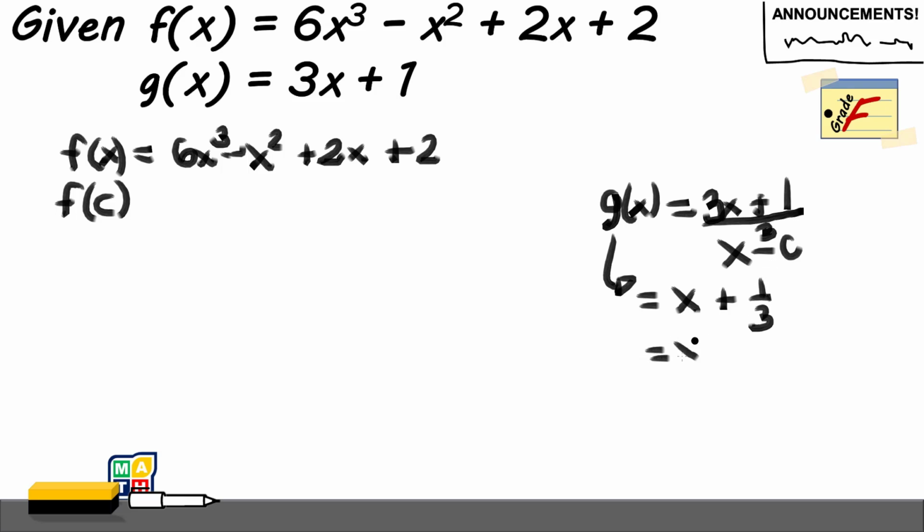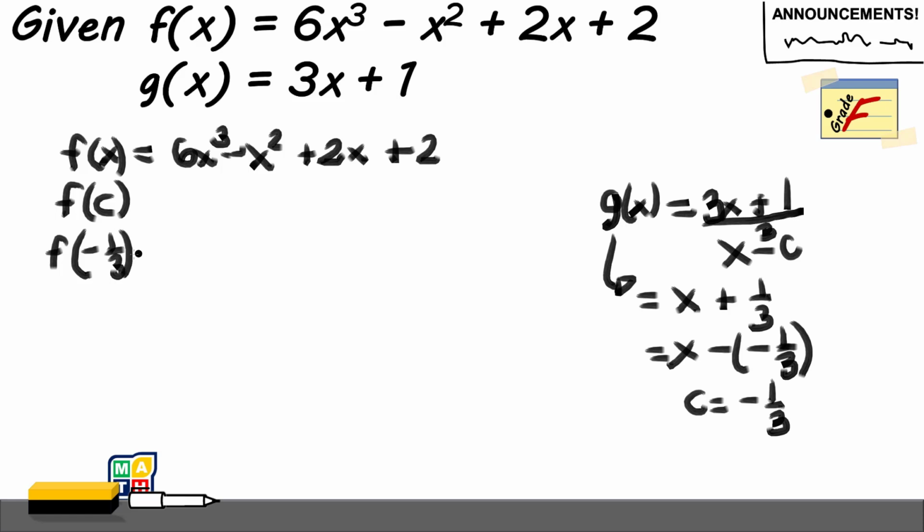We can also rewrite this as x minus negative 1/3. This follows the reverse operation of our double negative property, because if we have a double negative here, it automatically means addition. In this manner, since x minus c, and we have now x minus negative 1/3, our c is automatically negative 1/3. This is the value that we are going to substitute here, negative 1/3.